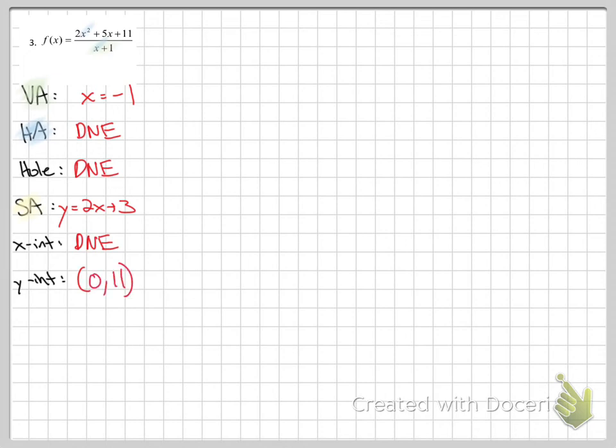Let's get our sketch. I think I'm going to have to go by 2s on this because 11 is a lot. When I say go by 2s, I mean cut them in half, sorry.